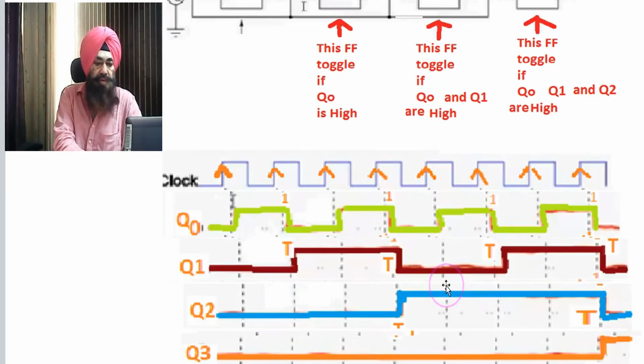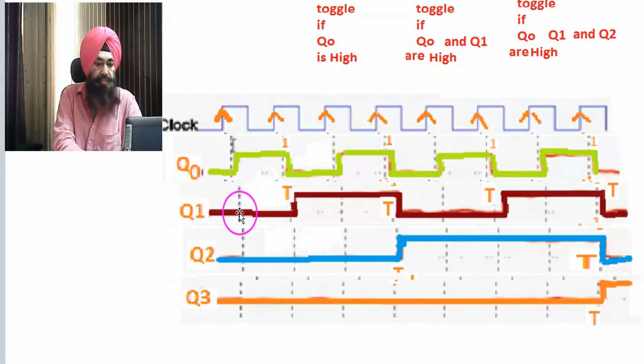So let's look here. The third one will toggle at this rising edge, this is high, so it toggles 0 to 1. Now coming next, this is a rising edge and this is high, so it will toggle high to low.